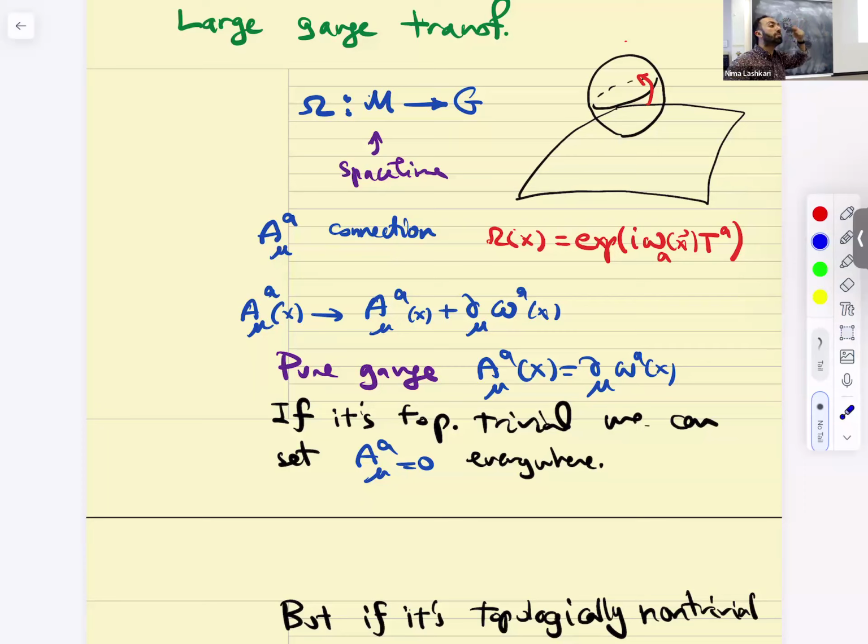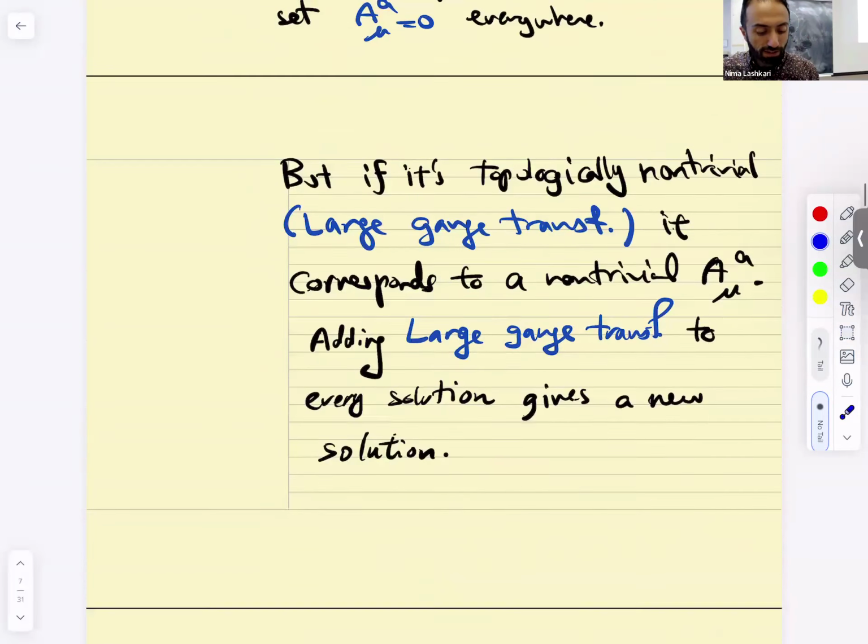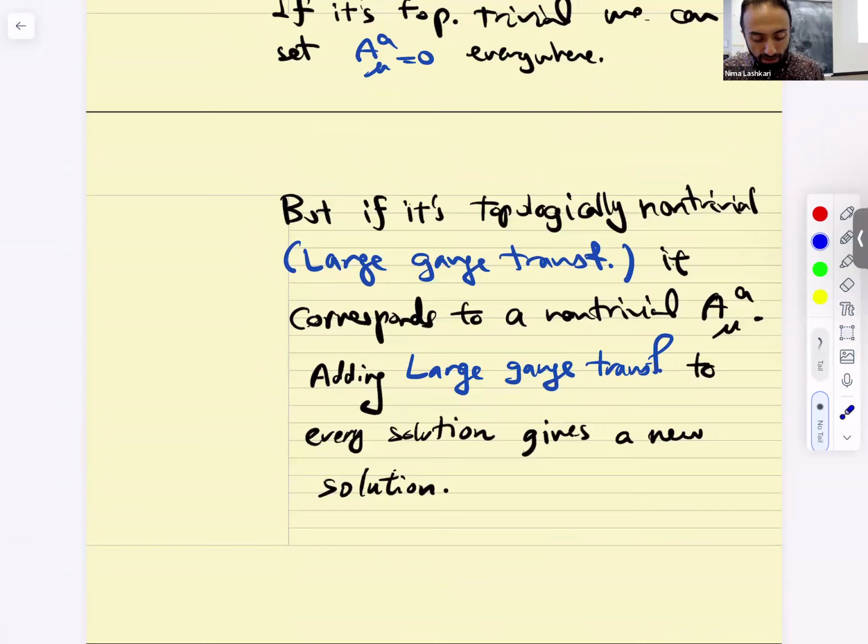Each of these is to be interpreted as a different vacuum. Is that clear? Because equations of motion are local, they're solved point by point, but these transformations are locally trivial, they're only globally non-trivial. That's why they're related to instantons. These topologically non-trivial gauge configurations in Euclidean space are the instantons for gauge fields. I'll give a better description of it.